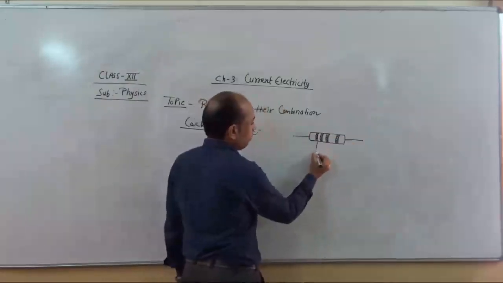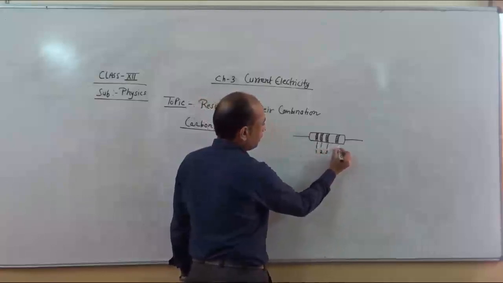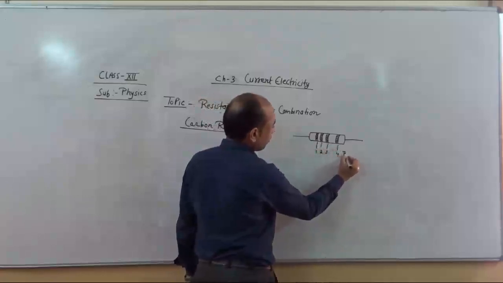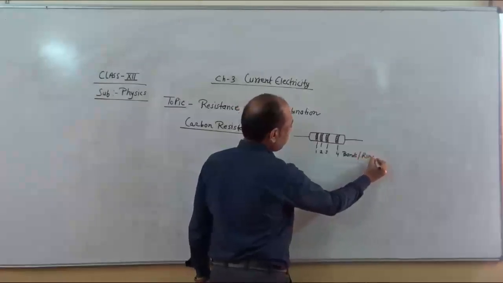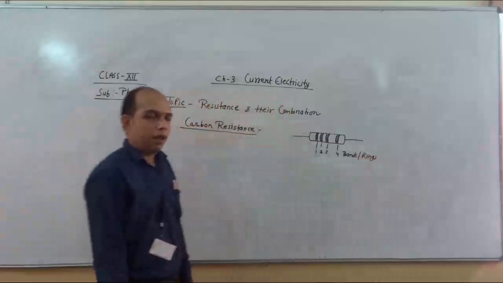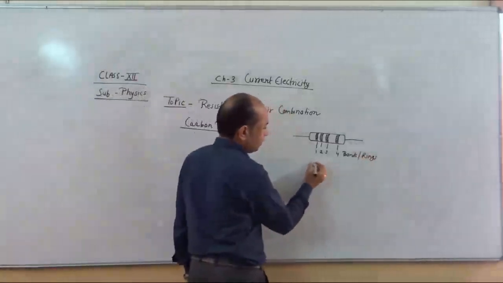So there are a total of four bands or rings, and each band or ring has some significance.